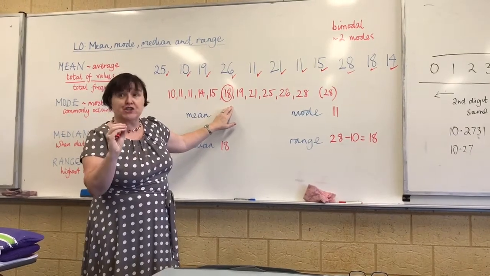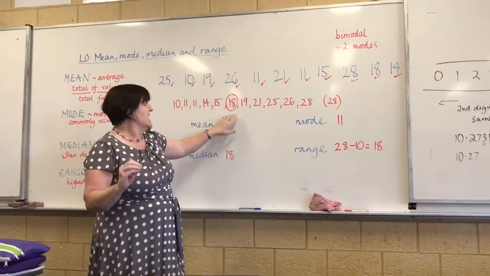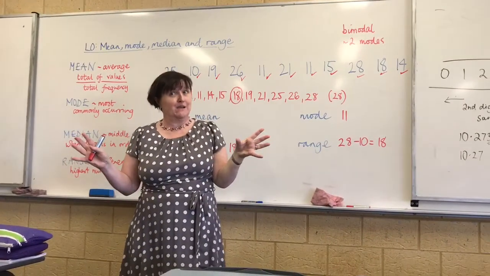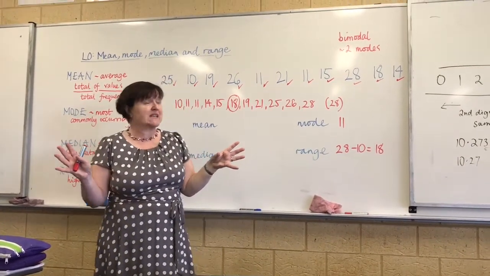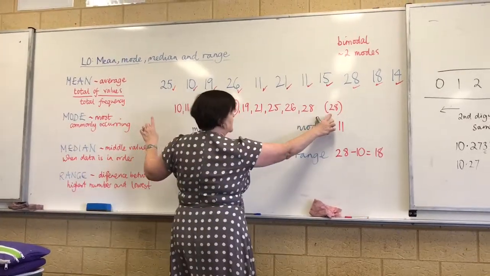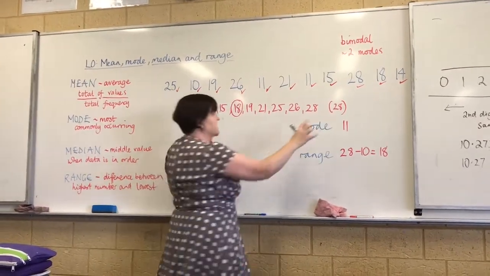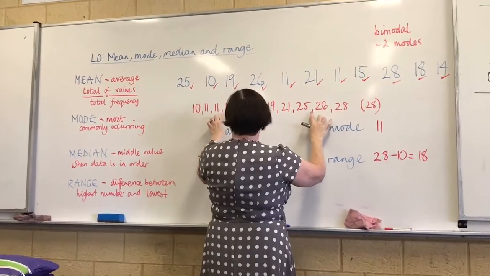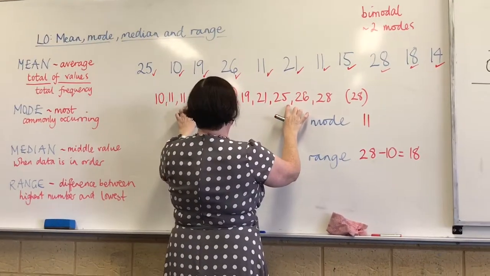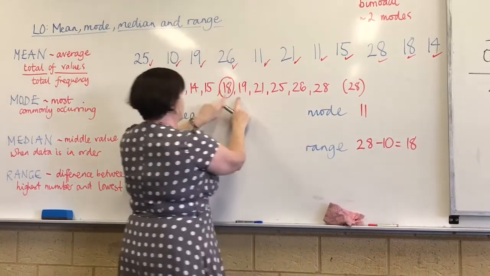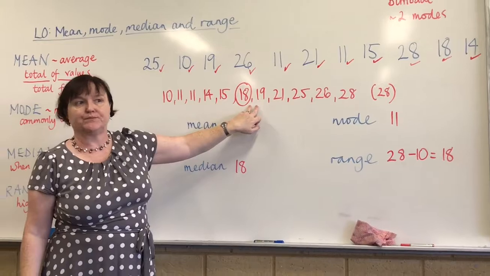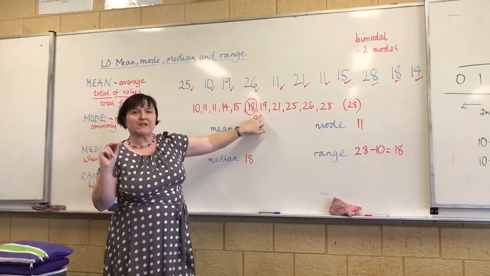So when you've got an odd number of values in the data set, there is a middle value. When you've got an even number of bits of data, what would happen? I'm going to pretend that this 28 is part of the data set. So we've got that, that, that, that, that, that. I'm left now with 18 and 19 in the middle. So what do I do now?